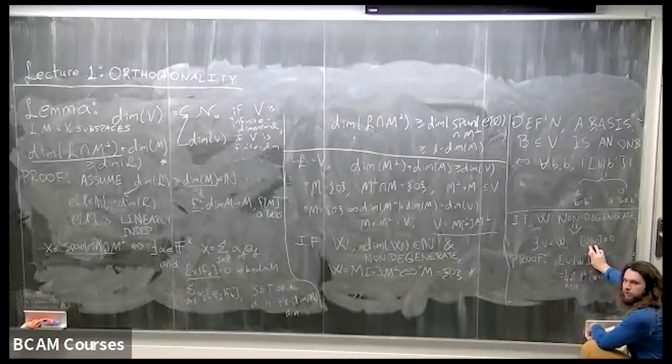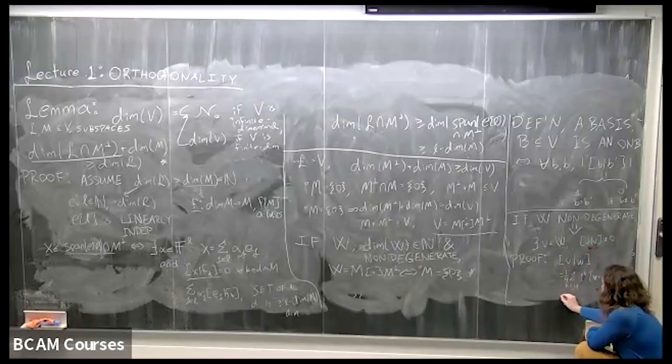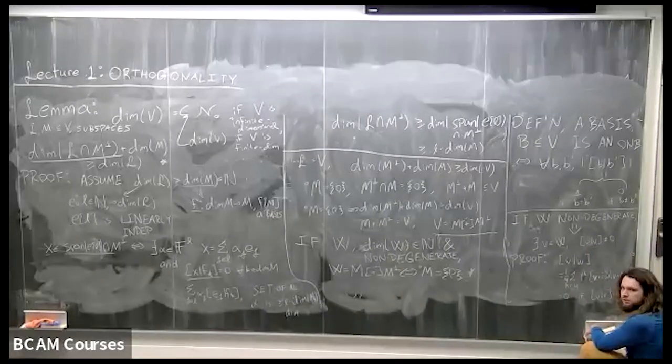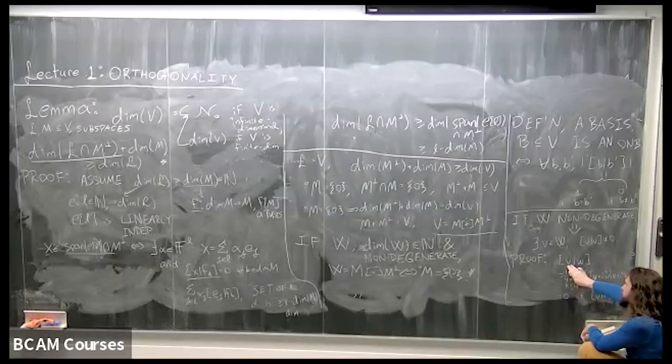So if this is 0 for every vector in the space, that means the right-hand side of this equality is identically 0. And so if this is 0 for all v, what that means is that w is some vector in my vector space that's orthogonal to every v in the vector space, which would mean that it's an isotropic vector, which would mean that W is degenerate.